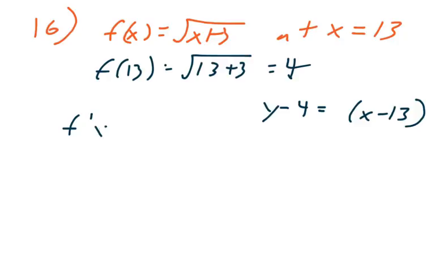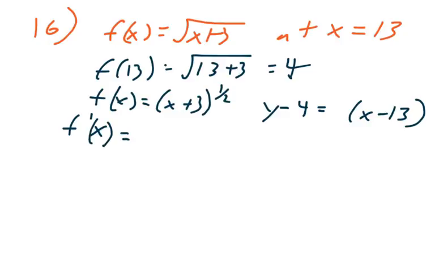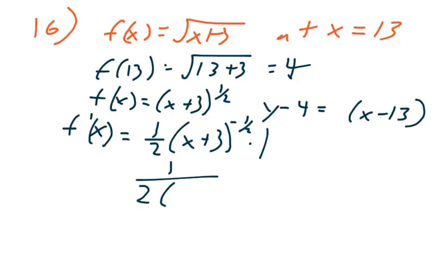When I take the derivative, I'm going to make this x plus 3 to the 1/2 power, which means the derivative is 1/2 times x plus 3 to the negative 1/2 power, times the derivative of the inside, which is 1, which I didn't really have to put down. So I got 1 over 2 times x plus 3 to the 1/2.